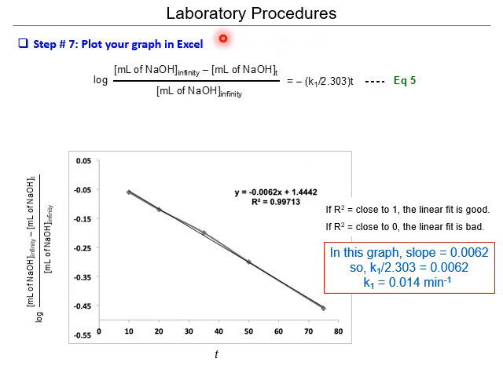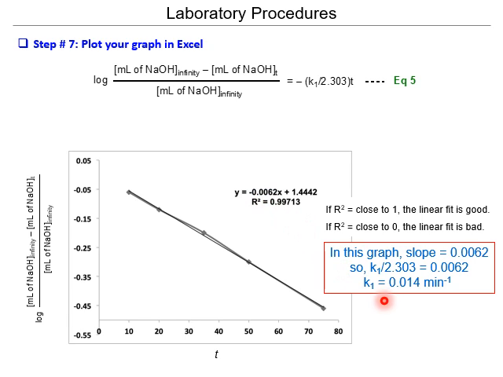Because based on this linear equation, the slope, the coefficient of t, is the value which contains K1. A slope here, for example, is minus 0.0062.